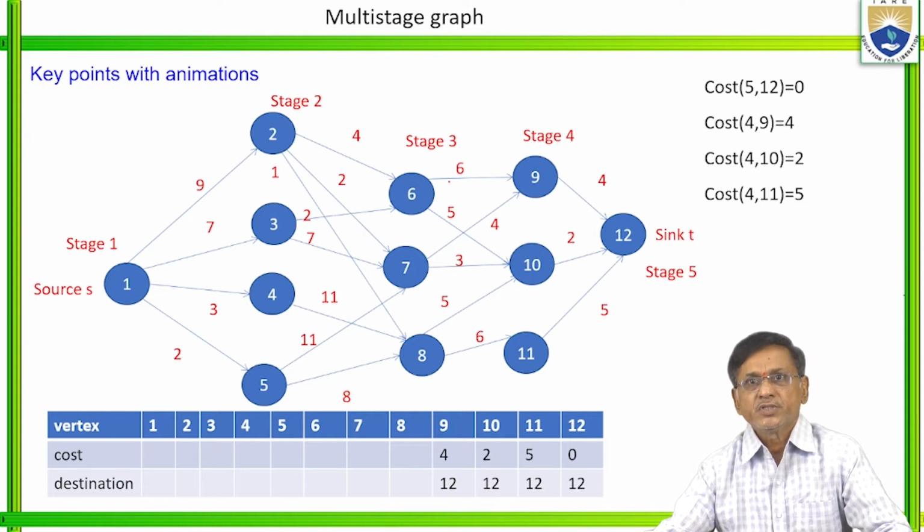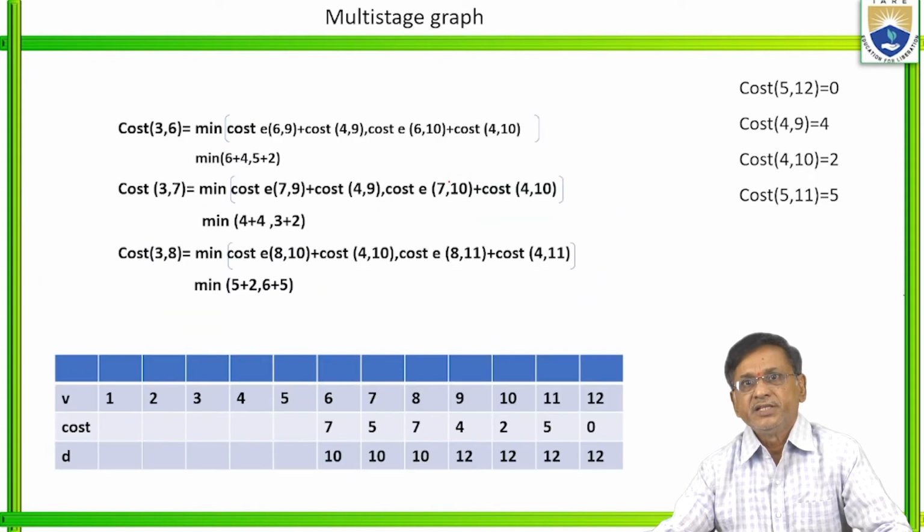One is 3 to 6, another one is 3 to 7. For 3 to 6, the cost of the edge is 2, and the cost of edge 3 to 7 is 7. By using these two values, we can find out the cost corresponding to vertex 3.